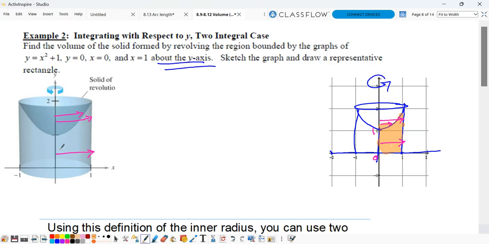So how do we set up? You have two different options. You can do the split between 0 to 1, 1 squared pi dy, plus pi from 1 to 2. Now you have big radius minus small radius.